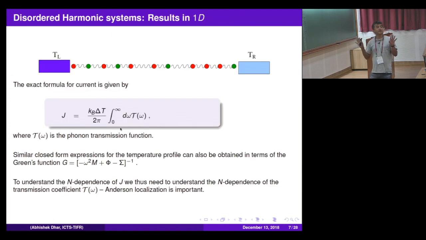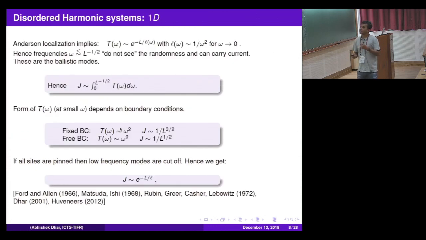If you just look at the harmonic system, a lot of it is known. Here, of course, transport is just by non-interacting phonons, and you can write kind of a Landauer formula for transport in this system. So basically what localization means is that the transmission of phonons across this is exponentially suppressed with system size. Even for the non-interacting systems, there are a lot of interesting results.